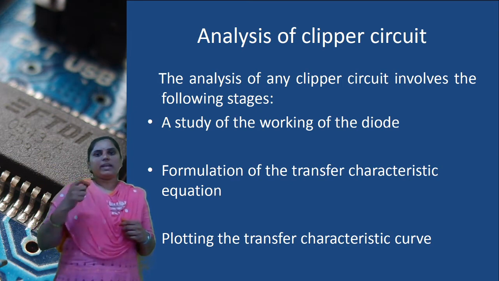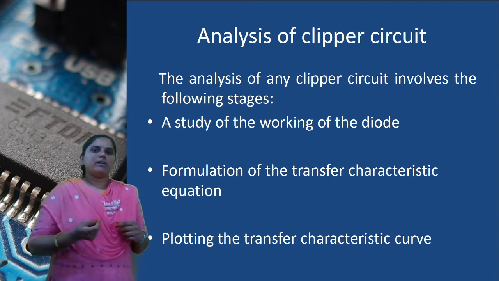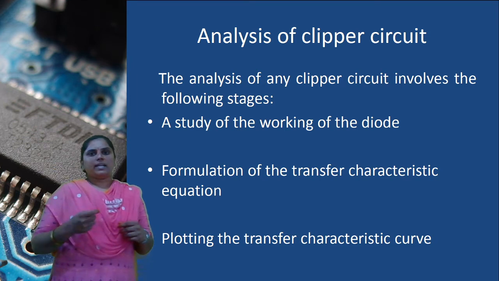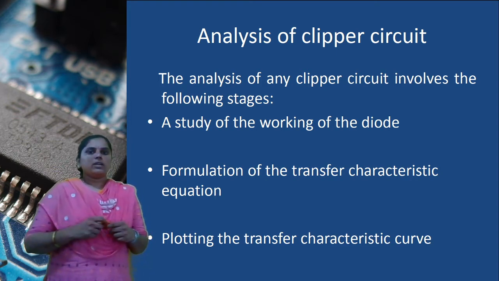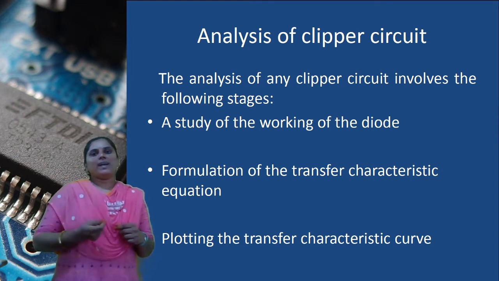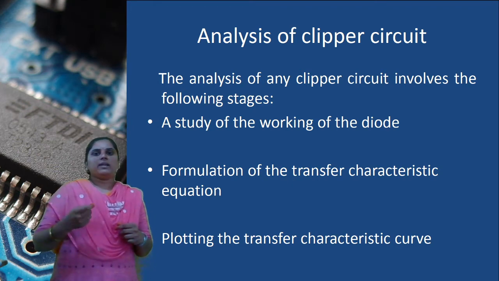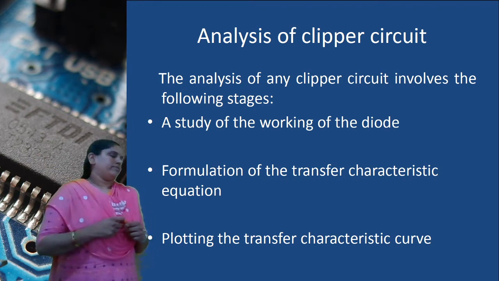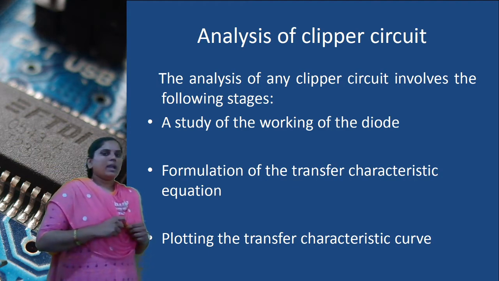When we apply positive voltage to the diode, it is forward biased and conducting, so it is on. When the diode is on, it acts as a short circuit. When we apply the negative half cycle, the diode does not conduct, so it acts as an open switch. Diode is off. That is the working of the diode.